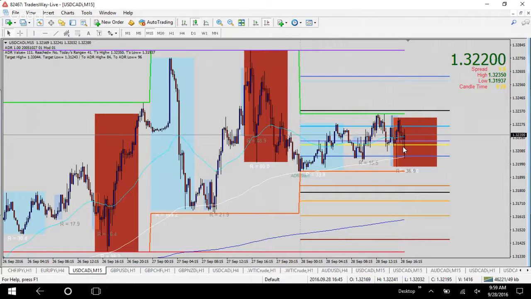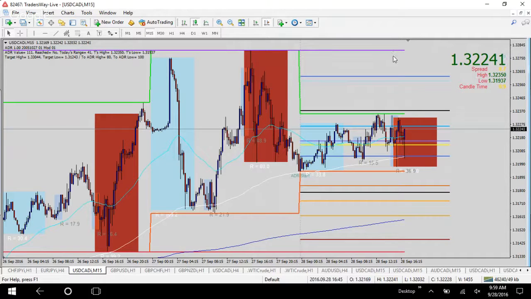But news hits in about 25 seconds. Let's see what it does. Me personally, it looks like price may come back up and retest this area when this news hits.